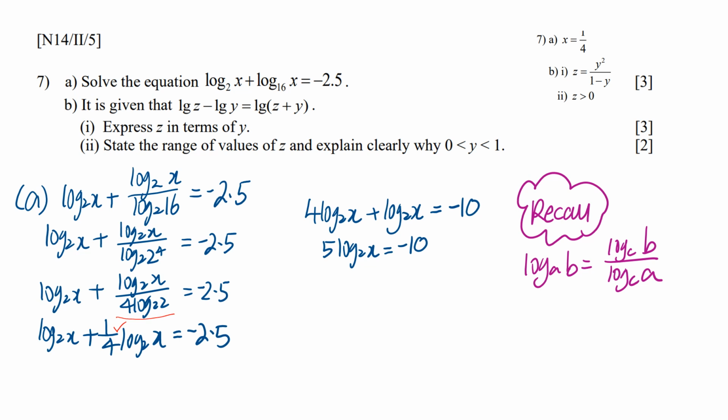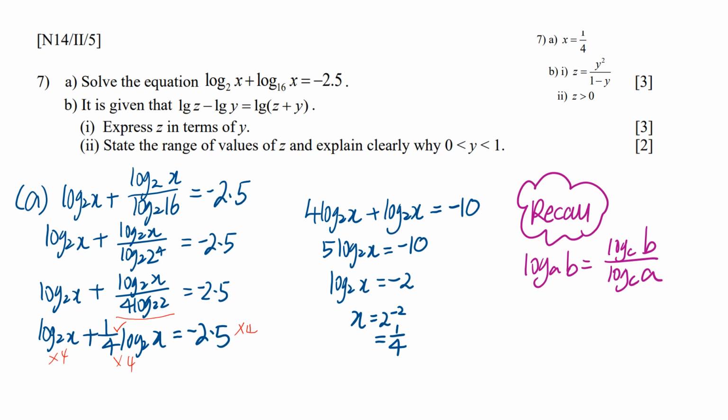And then multiply by 4 throughout. What I have done here is times 4. 1/4 times 4 will just give you 1, and then times 4. So that will give you 5 log x base 2 equals negative 10. Divide by 5 on both sides, and then convert to index form. So x is equal to 2 to the power negative 2, which is 1/4.